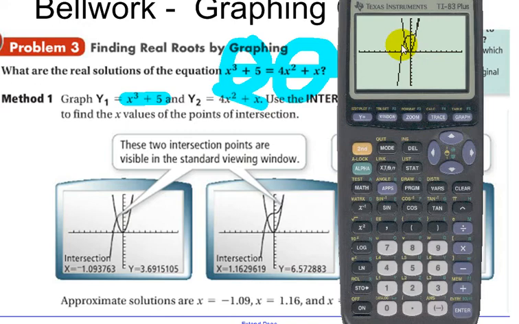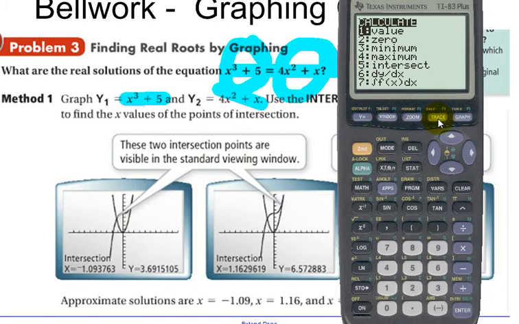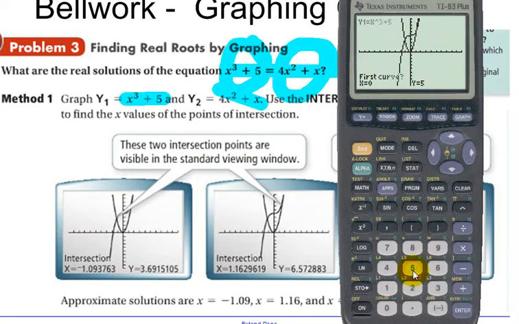You're going to click calculate, so second function, trace. And we want to find the intersection points, and that's number 5. So press 5. So we're calculating intersection. What we have to do is tell it which curve we're looking at. I'm going to use my right arrow to come over left, and it's going down, down, down.